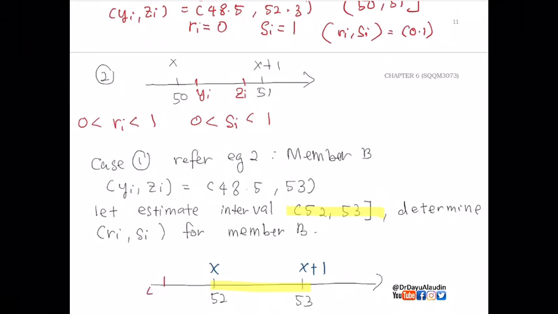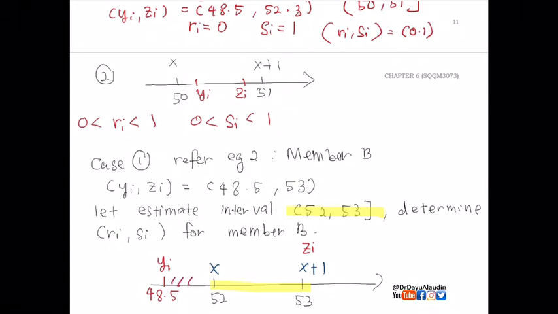So Yi is 48.5, before the x. So this is Yi. And Zi is 53. So Zi is also 53. So how do we determine the Ri?